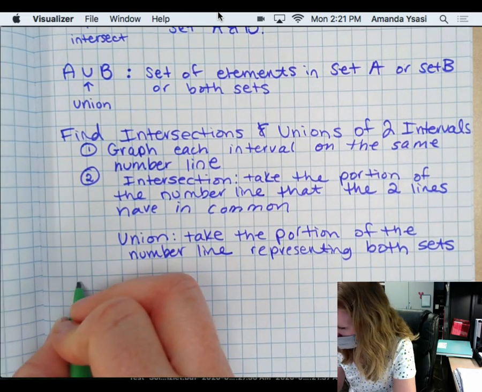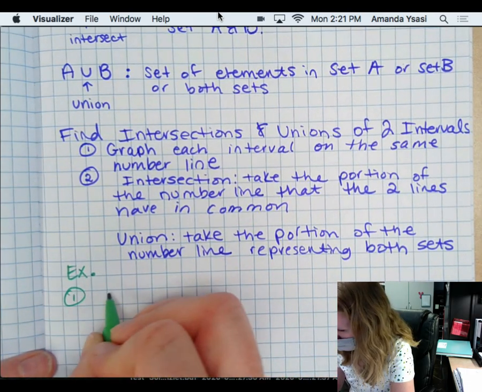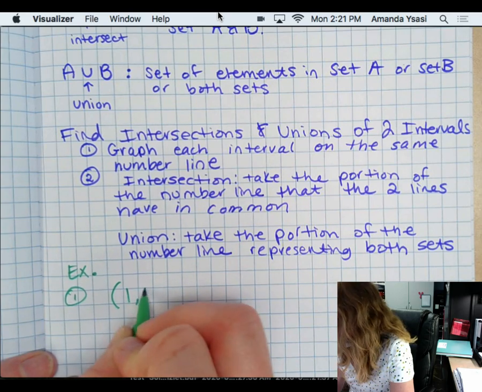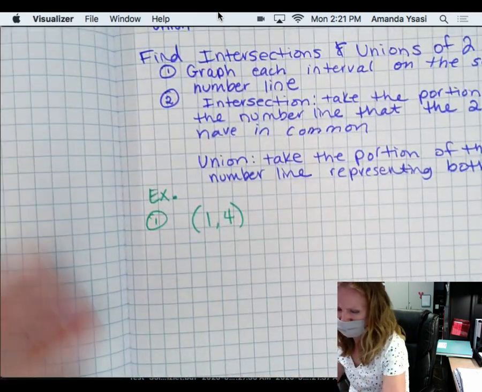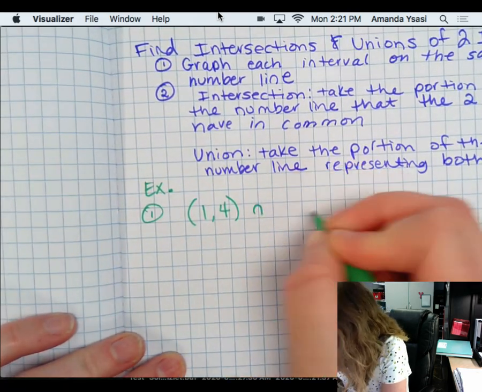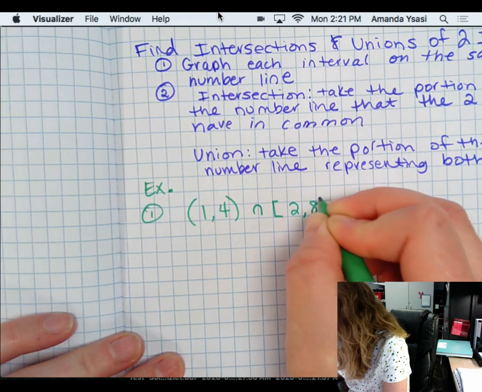Okay, so let's do some examples of this. So the first one is parentheses 1, 4, and we are going to intersect that with bracket 2, 8.